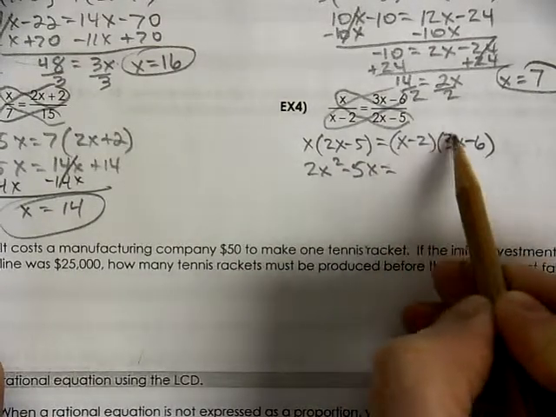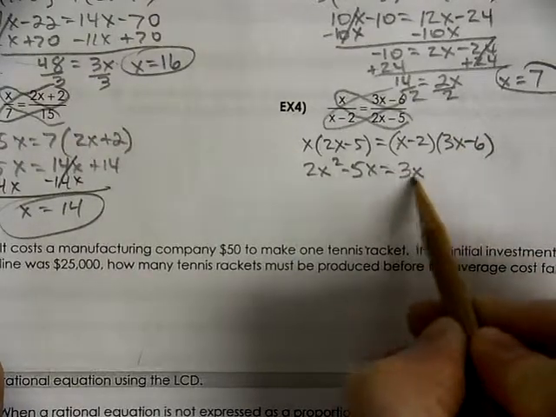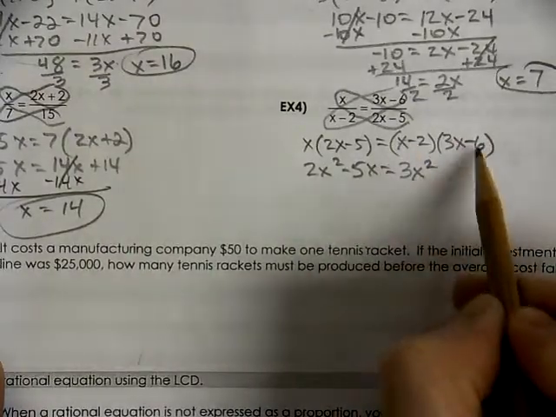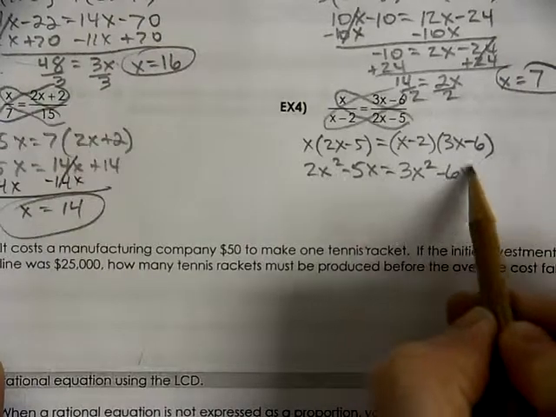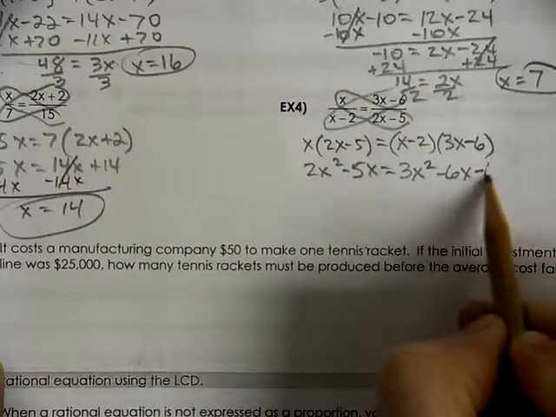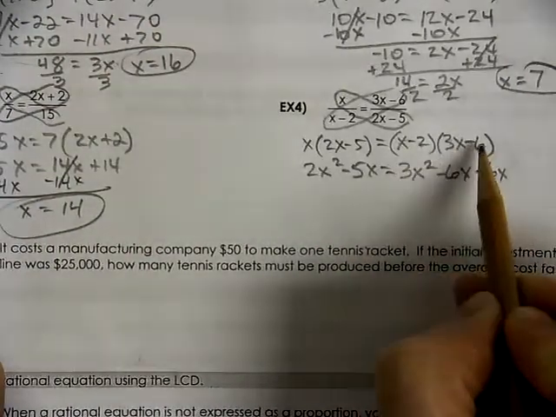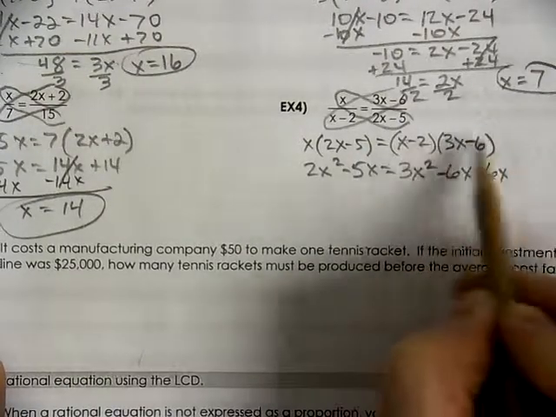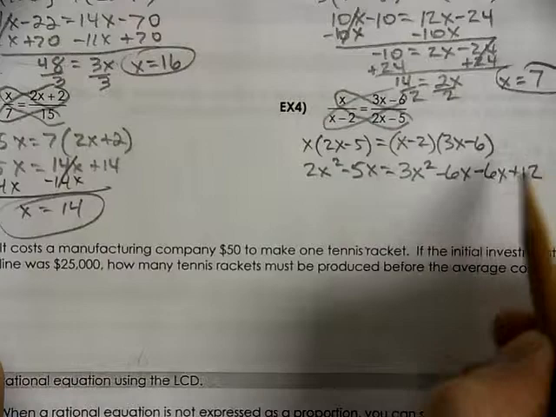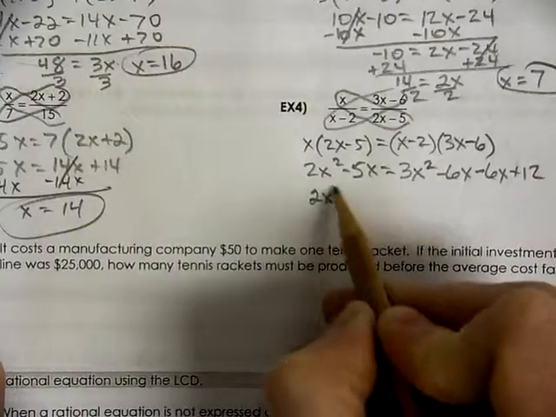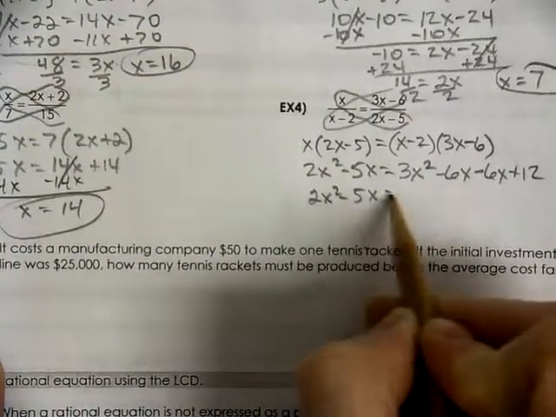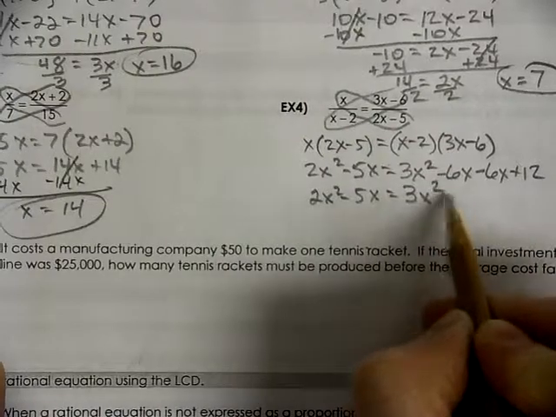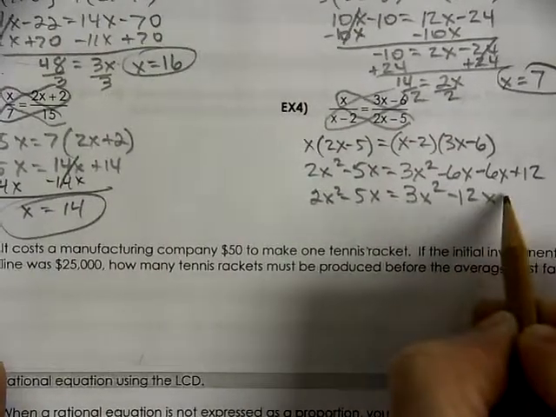We multiply the front, then the last, the inner, I guess that would be outer, inner, and then the last. Collect your like terms.